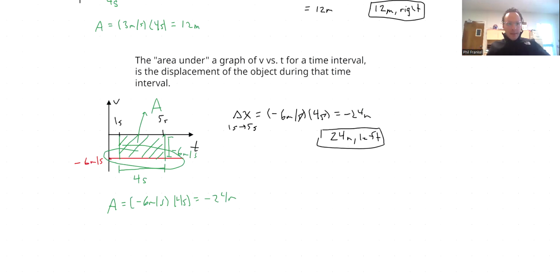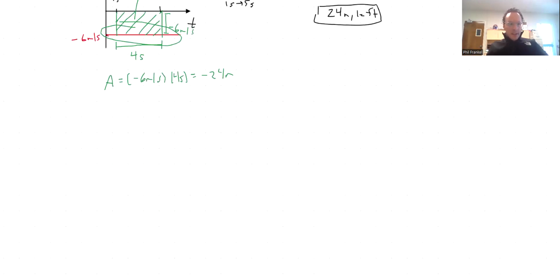Just to give you an idea of what some graphs might look like that you have to deal with, I can imagine having a velocity versus time graph that looks something like this.